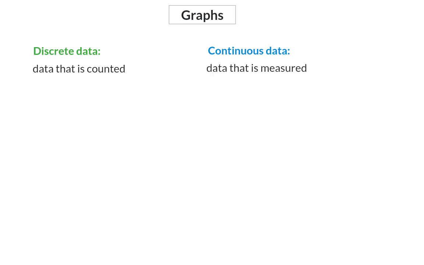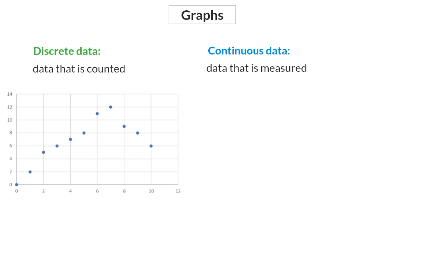When drawing graphs, we distinguish between two types of data: discrete data and continuous data. Discrete data is data that is counted. Therefore, it will only be integers. Continuous data is data that is measured. When the graph of discrete data is drawn, the points are not connected with a line.